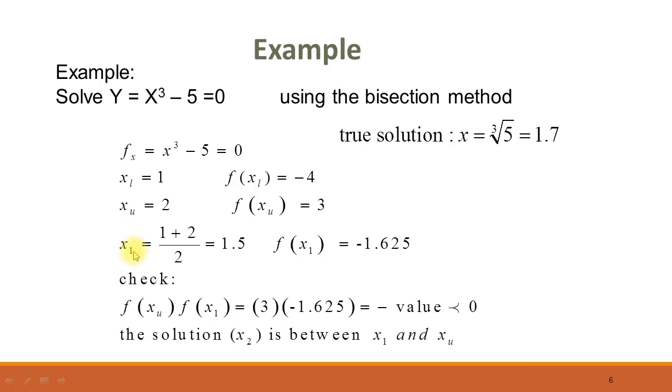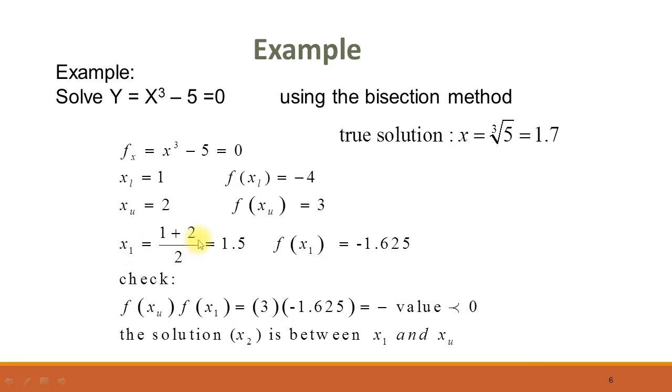Since the function has minus 1.625, this is less than 0, this is negative. The function has negative sign at x1, and the function has opposite sign at xu. So our next root x2 will be xu plus x1 divided by 2.